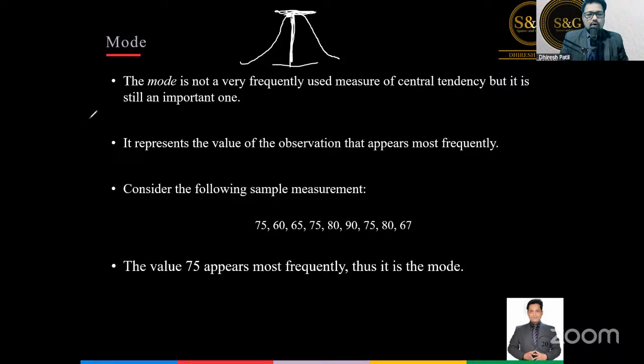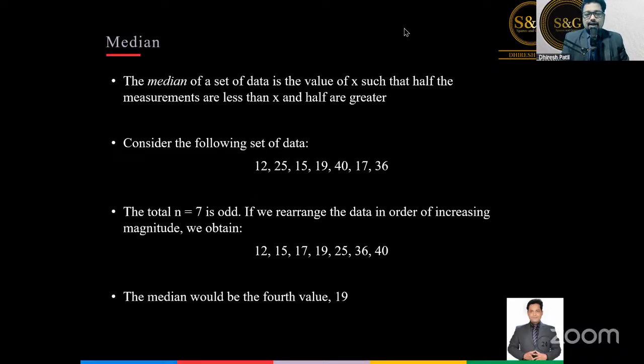Now comes the median. This is where today's topic is very much related. What is the median? If I arrange the data in ascending or descending order, whatever comes as the central value is called the median. For example, this is the original data.